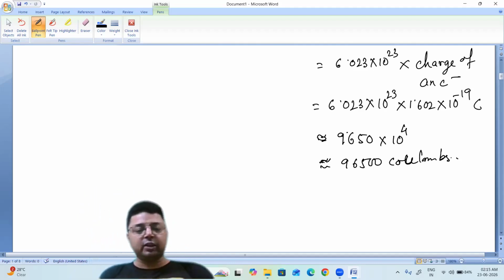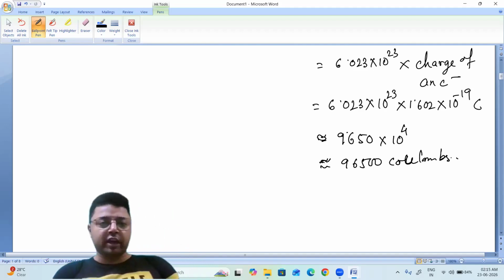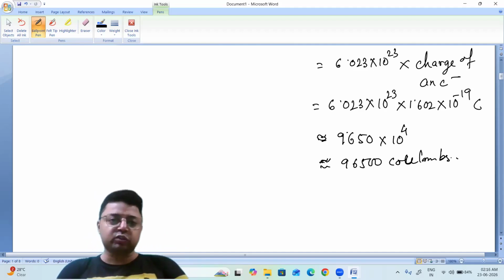So 1 Faraday, the amount of charge carried by 1 mole of an electron, is equal to 96500 coulombs.